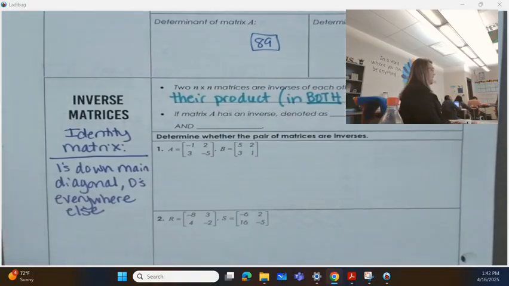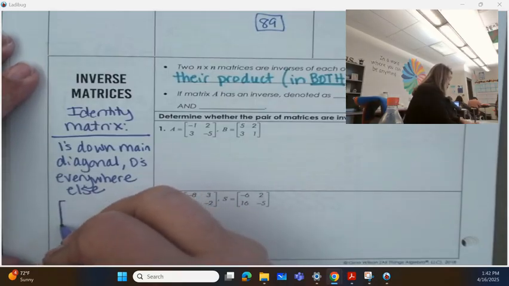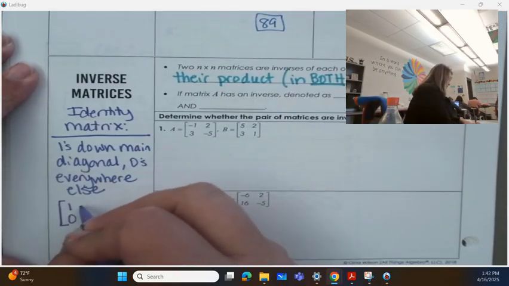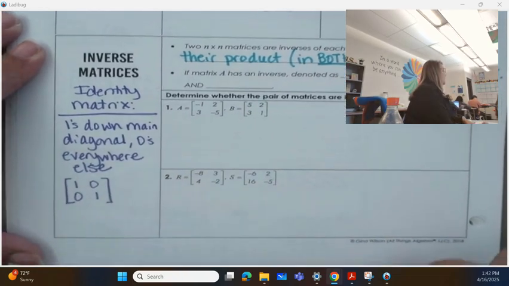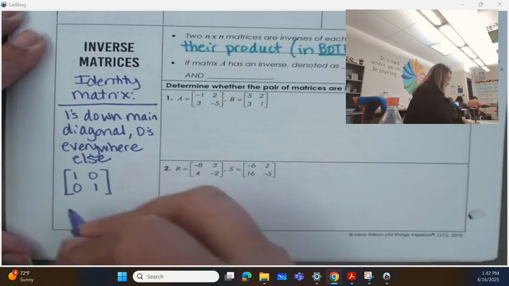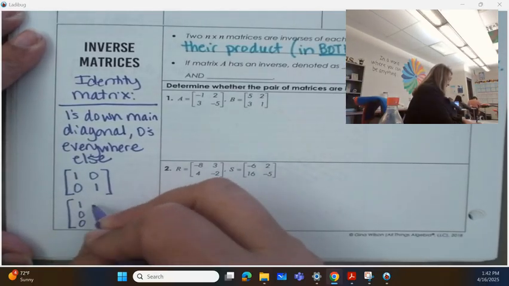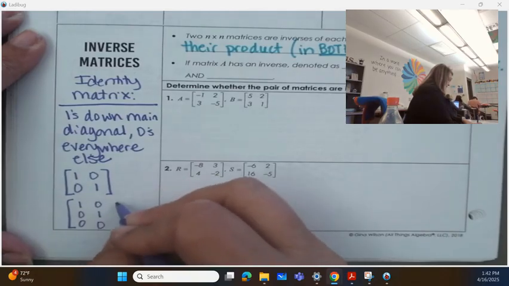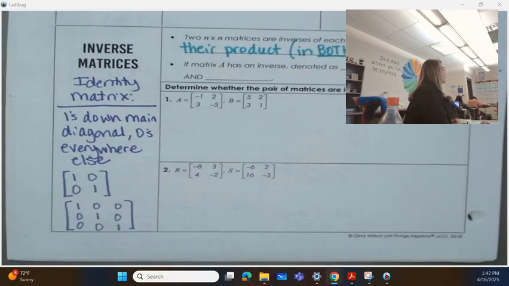Ones down the main diagonal and zeros everywhere else. For example, the 2 by 2 identity matrix looks like this. Ones down the main diagonal, zeros everywhere else. The 3 by 3 identity matrix looks like this. Ones down the main diagonal and zeros everywhere else.